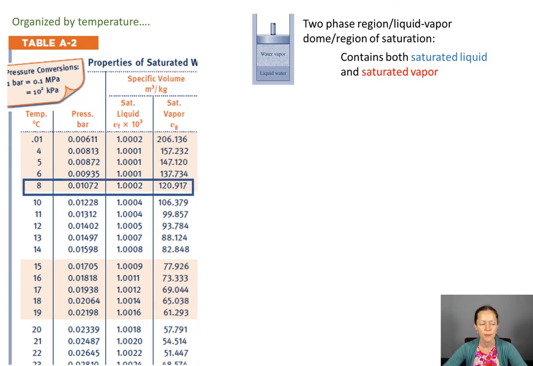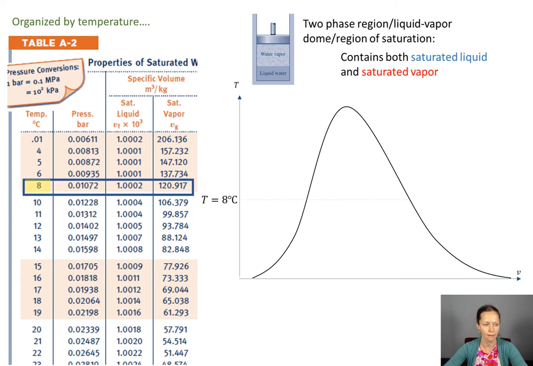Let's put some numbers to it. So here we're looking at the line at 8 degrees Celsius. So let's go back to that T-v diagram. So I'm going to draw a little line at 8 degrees Celsius. So anywhere along that line, my temperature is 8 degrees Celsius. I'm going to skip by the pressure right now, and I'm going to go straight to that v sub f. So the v sub f value is going to correspond to the location on that T-v diagram where it runs into the 8 degrees temperature line and the saturated liquid line.